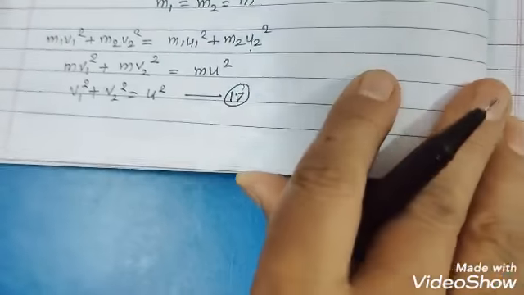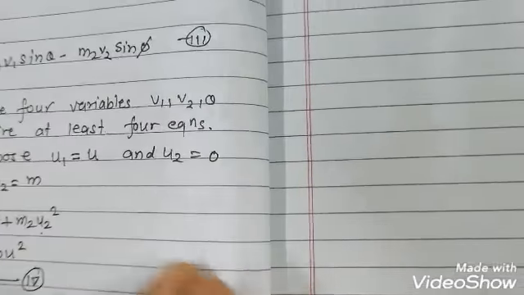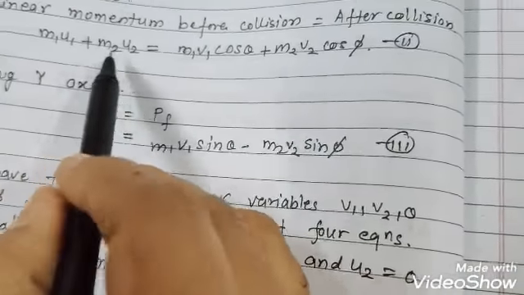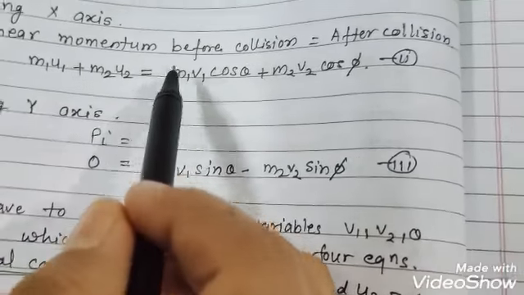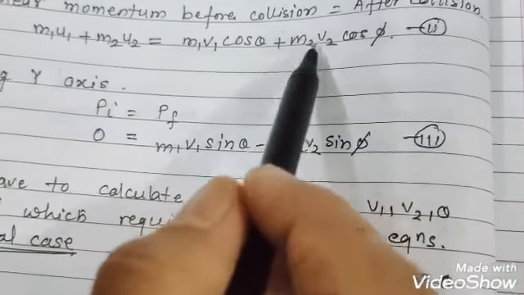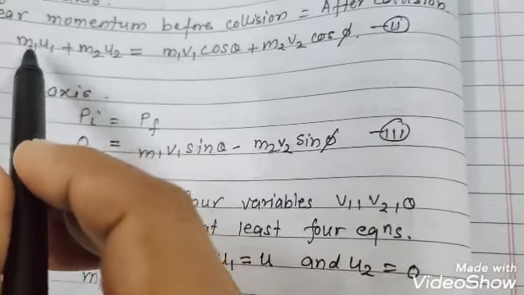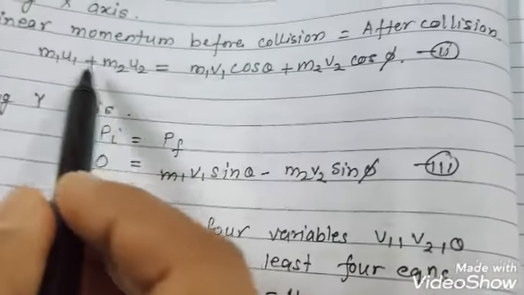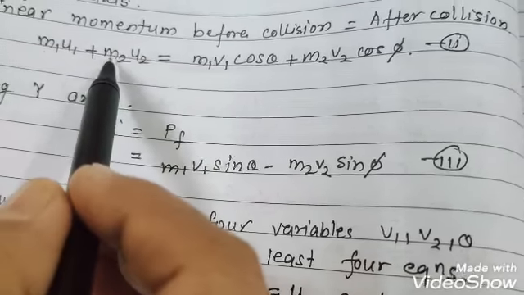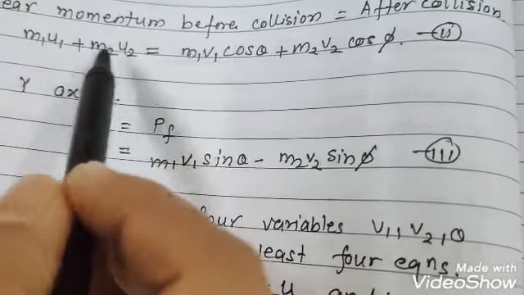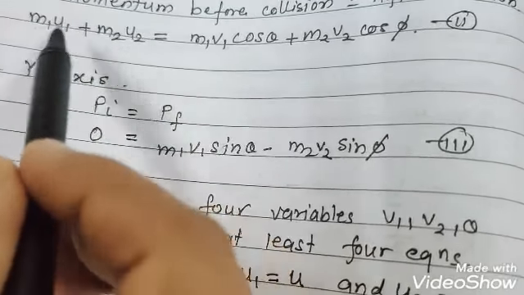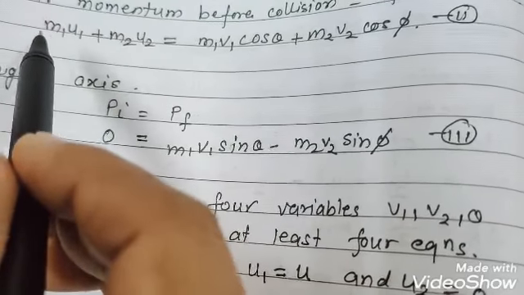Now from equation 2, this is m1 u1 plus m2 u2 equal to m1 v1 cos theta plus m2 v2 cos phi. Here I can put m1 and m2 as m. u1 will be there but the second term will be 0, so it will be m u.